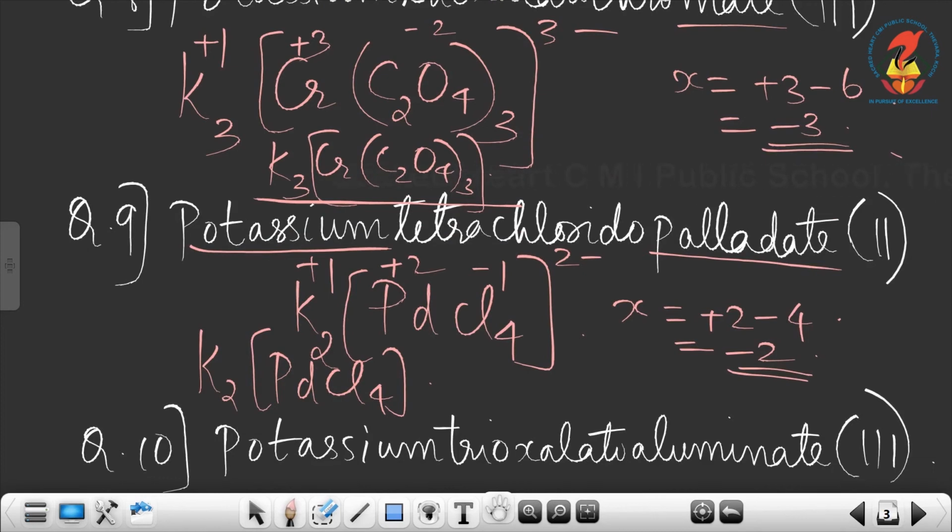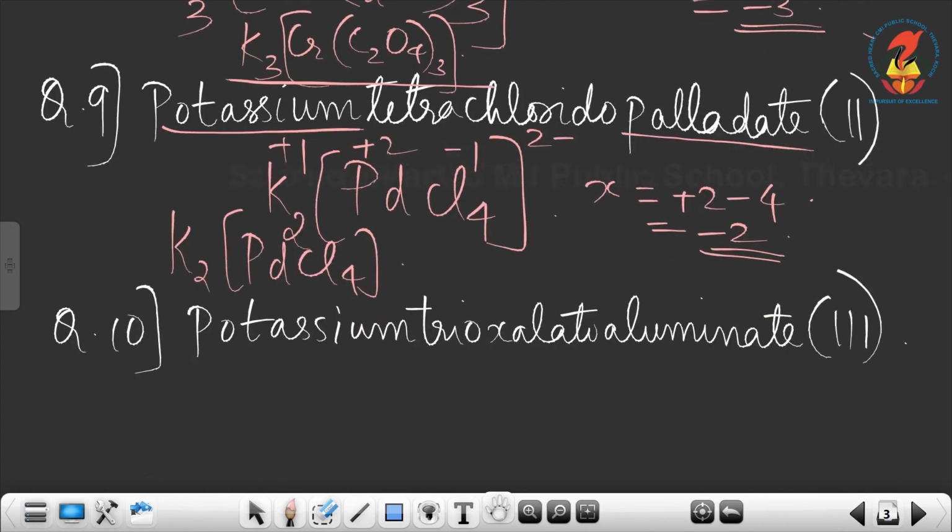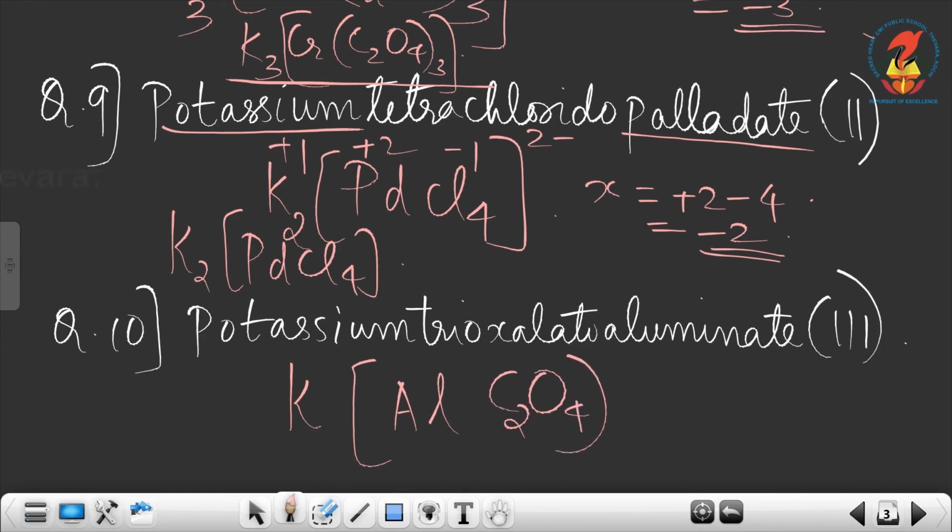Now the last question is potassium trioxalatoaluminate(III). Now here we have aluminium as the central atom and potassium as the counter ion. So K. Now aluminium is Al, trioxalato, so C2O4 thrice. Now you have to find how many potassium ions are required. For that, aluminium is +3, oxalate ion is -2.